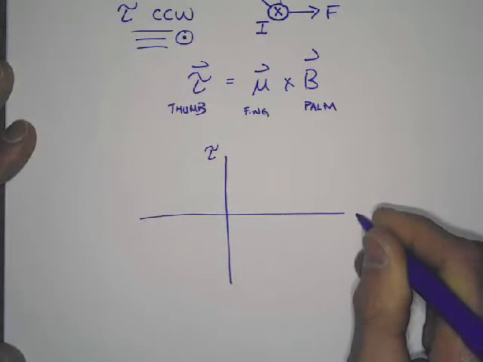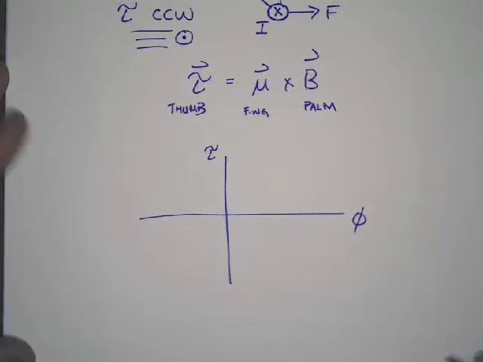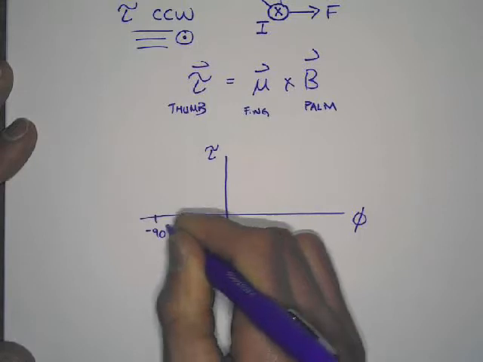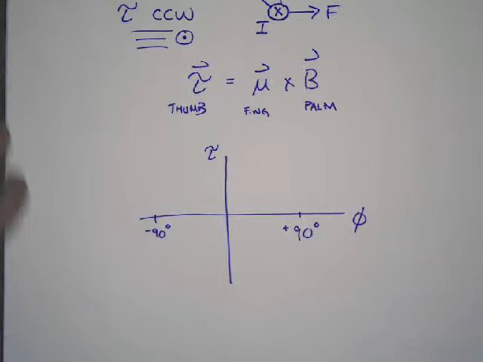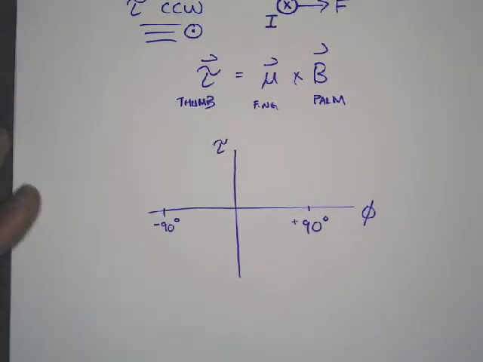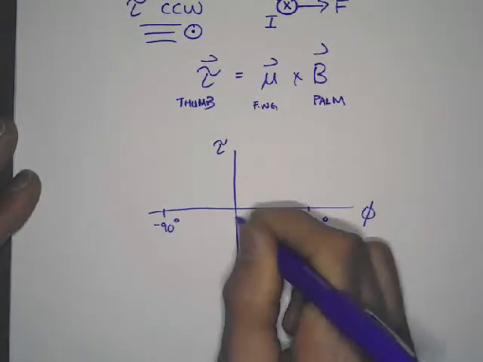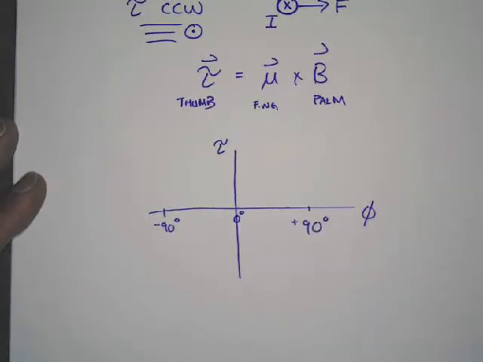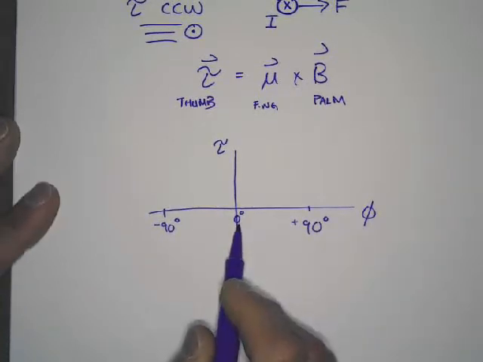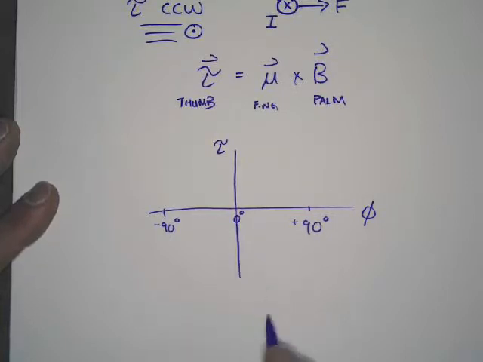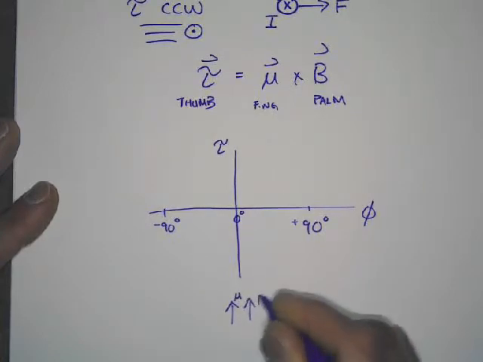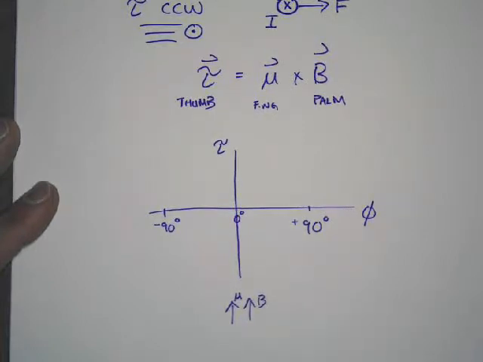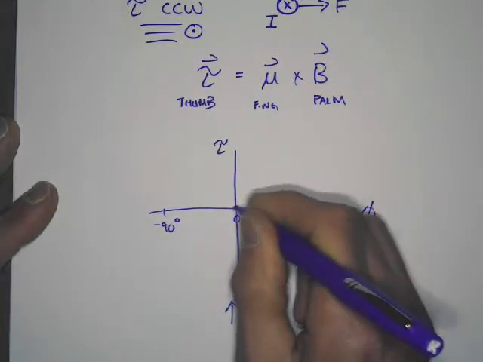If we made a graph, sometimes it's helpful to graph this out. If you graph torque versus this angle, and you let the angle go from, say, negative 90 degrees to positive 90 degrees, what would that look like? At 0 degrees, mu and B are lined up, and in that situation there is 0 torque.